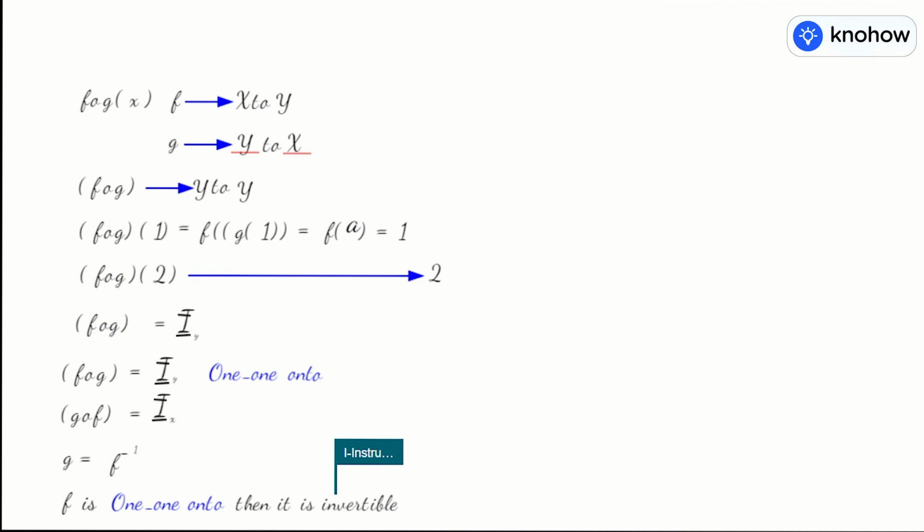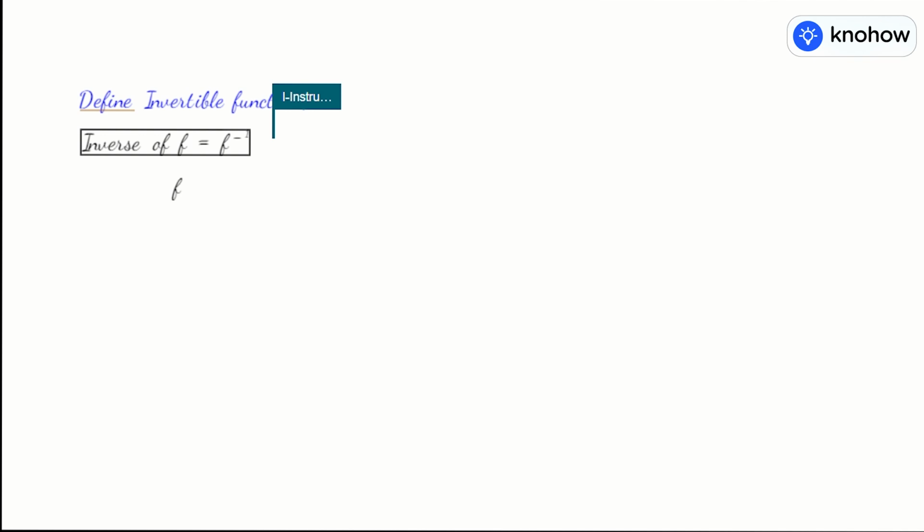And now let me formally define what we mean by an invertible function, or inverse of a function f denoted by f inverse. How do you define it? You already know f is a function from set x to y.